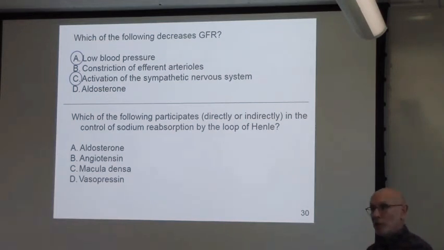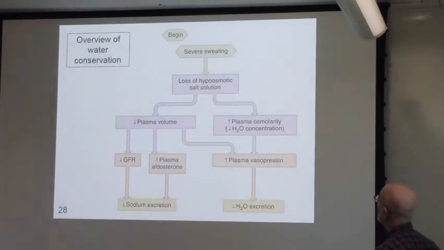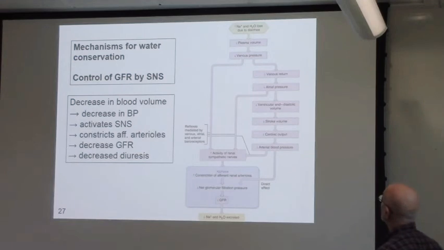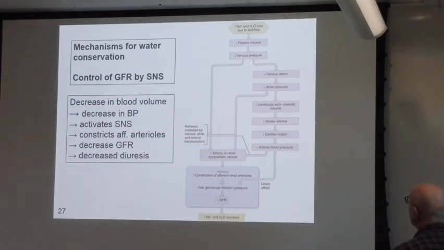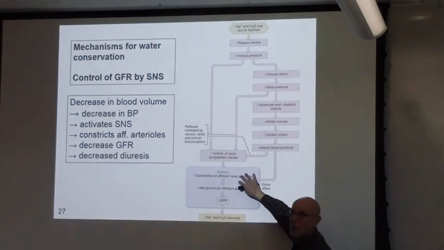So low blood pressure is going to decrease GFR directly. Low filtration pressure, because low blood pressure is part of what pushes water out during filtration. Water loss is going to lead to low blood pressure, and low blood pressure is going to do the things that we've been talking about.